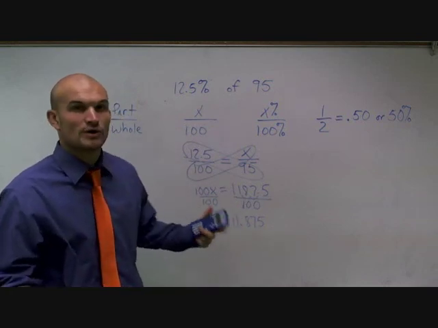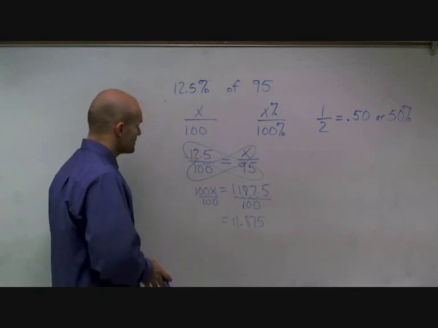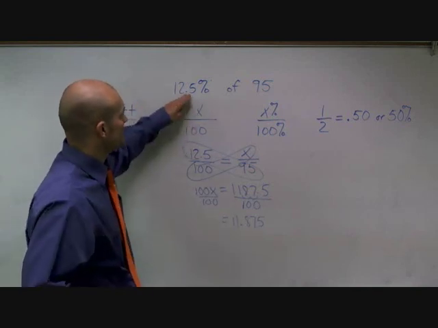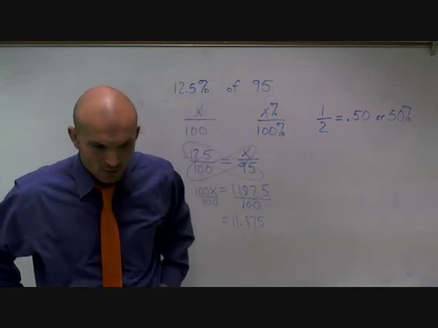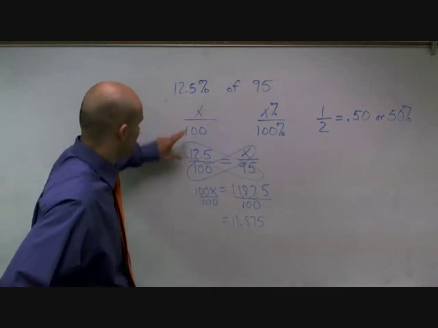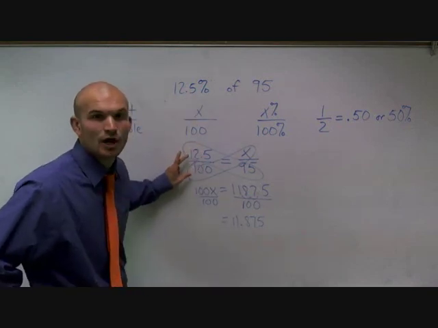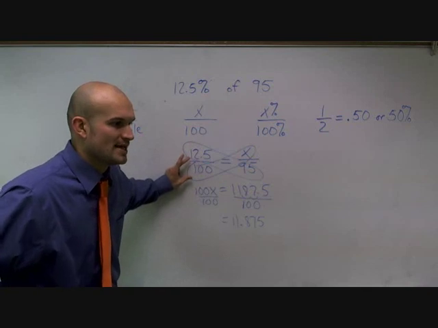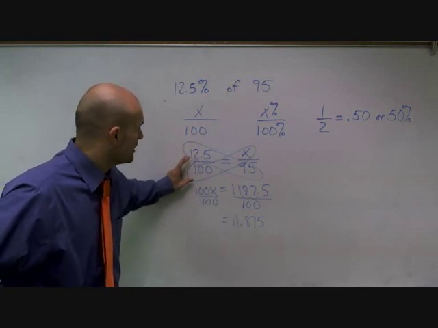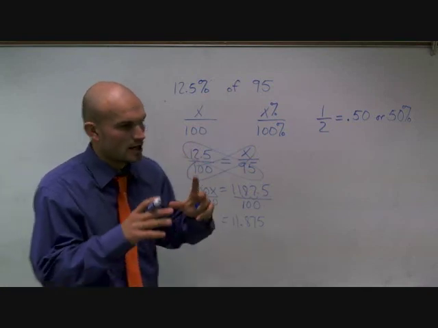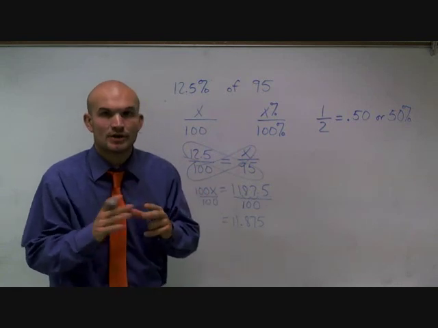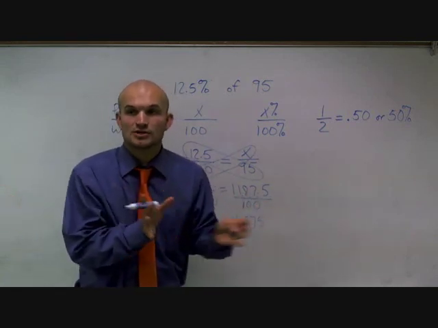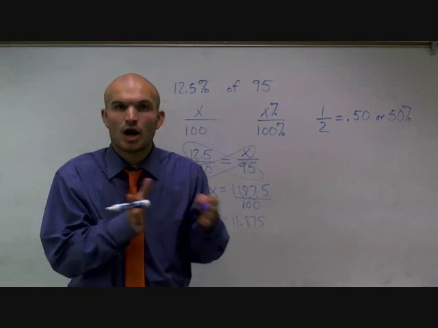Now, this is the generic, longer way I wanted to show you, but I also wanted to explain a quicker way. If I have 12.5% of 95, remember, 12.5% is a fraction, 12.5 out of 100. When we multiply a fraction times a number, we just multiply across. You're taking a fraction of another number.